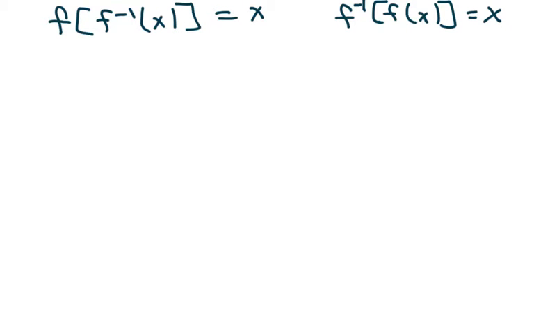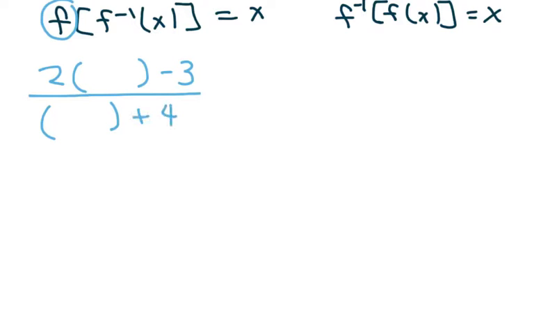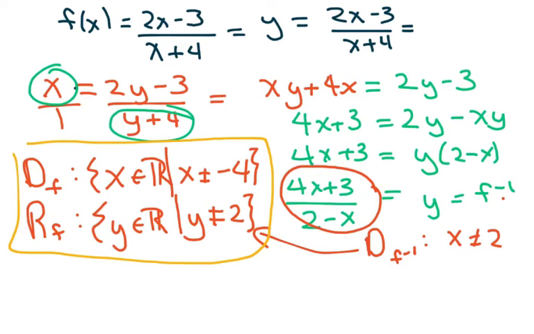So the first thing I'm going to do on this one is just write down f, but everywhere there's an x, hopefully you wrote these down, I'm going to put parentheses and dump in my inverse. My inverse for this one was, let's see, what was my inverse? 4x plus 3 over 2 minus x.